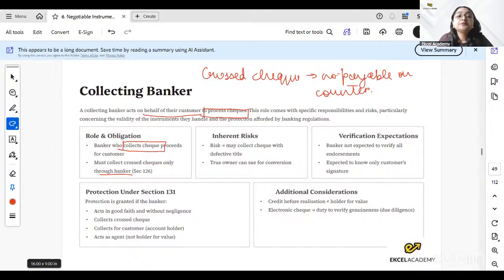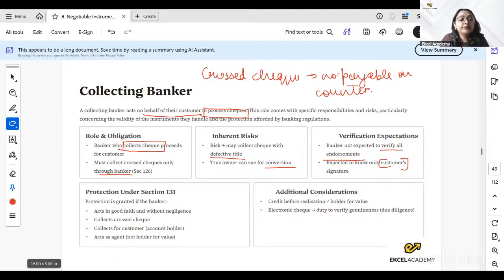Next, what is the next condition here? Inherent risk: the banker may collect a check with a defective title, and the true owner can sue for conversion. So the bank in whose account the customer is entitled to receive the money will become your collecting banker. The banker is not expected to verify all the endorsements, only to know their customer's signature.